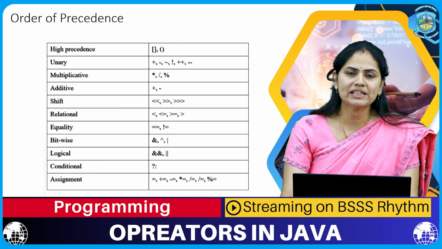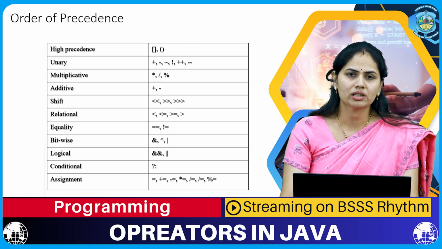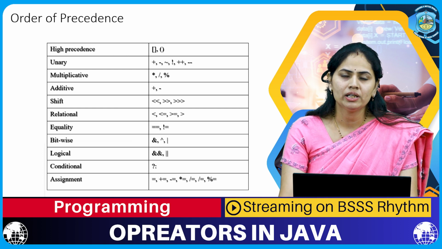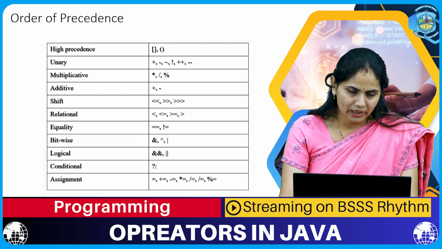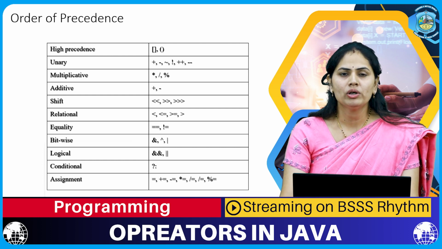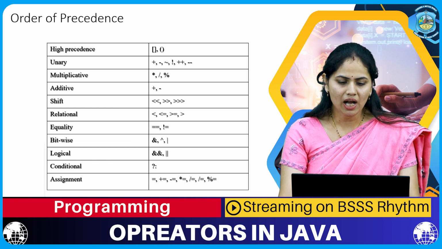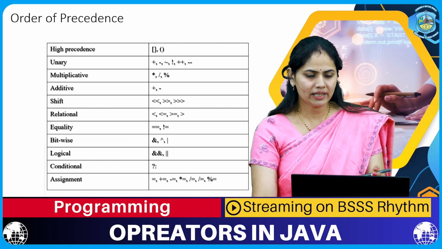Next we have precedence of operators. Whenever we solve any mathematical equation, there is some precedence. So, in programming also every operator has precedence. That is how precedence is declared here.